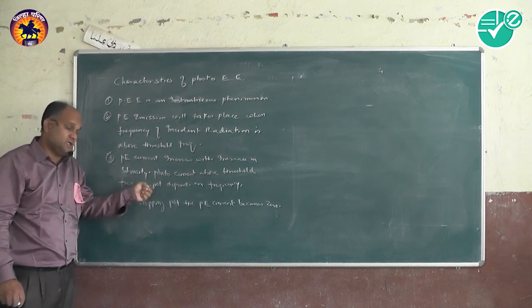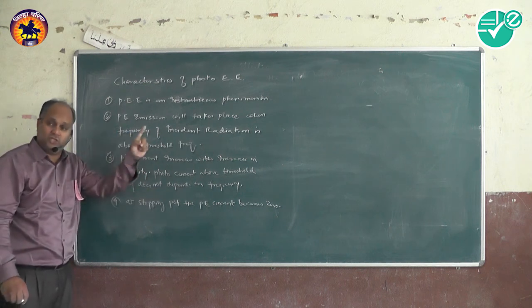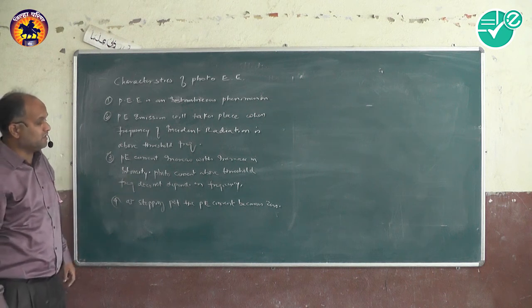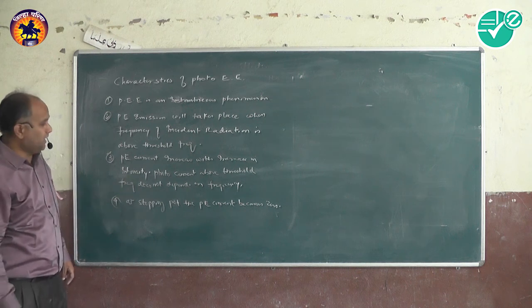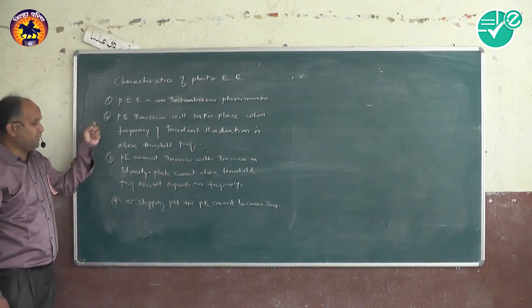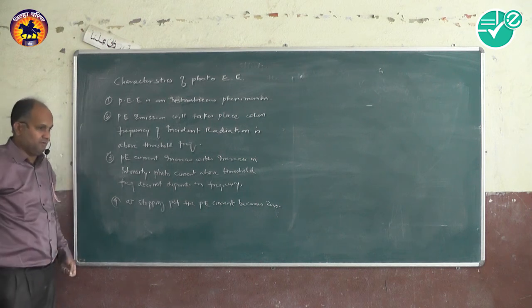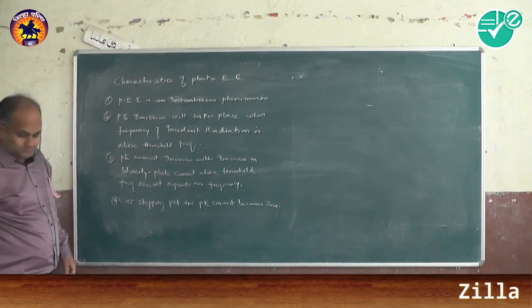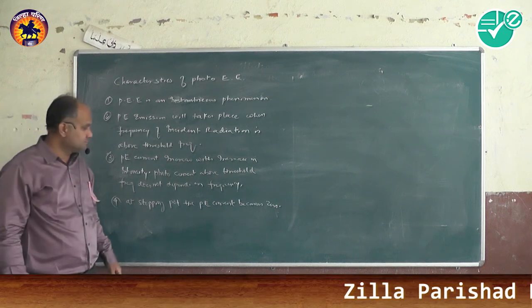Above threshold frequency, the current becomes constant if you are not changing the intensity. At stopping potential, the photoelectric current becomes zero. Now these are the points which you have to remember. Write down.